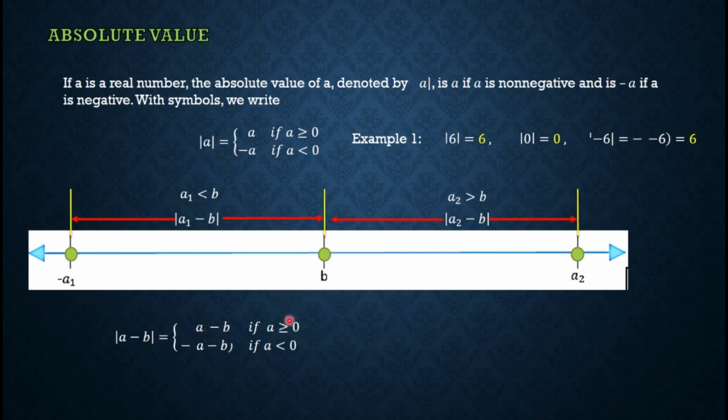It is A minus B if A is greater than or equal to 0, so the distance from here to here. And then next, it is negative times the quantity of A minus B if A is less than 0.